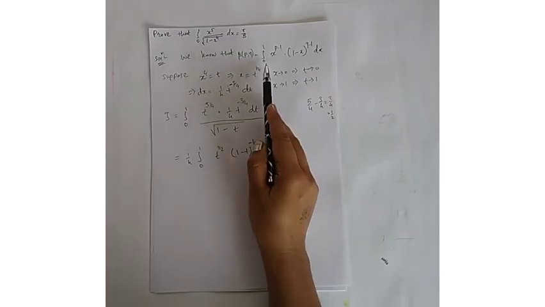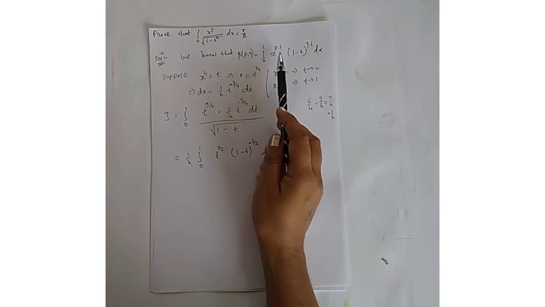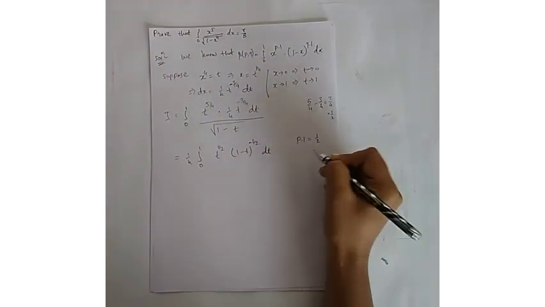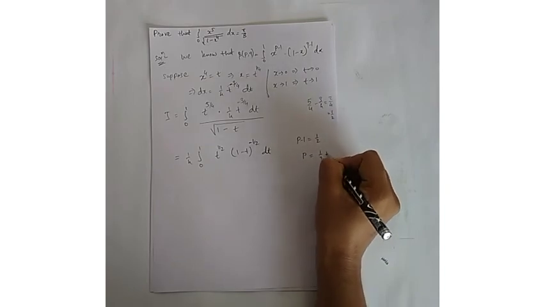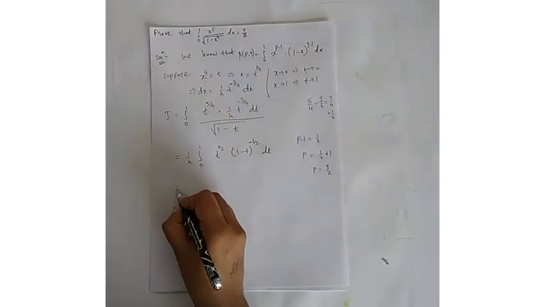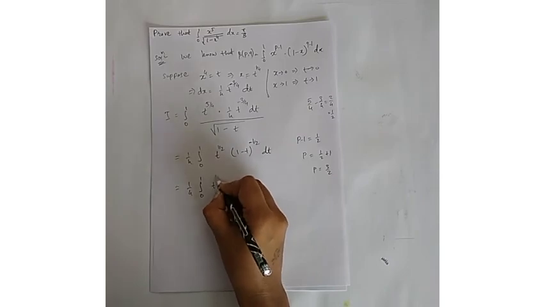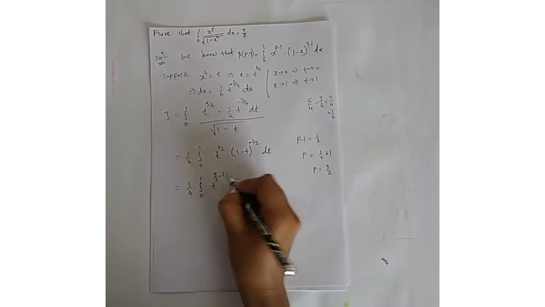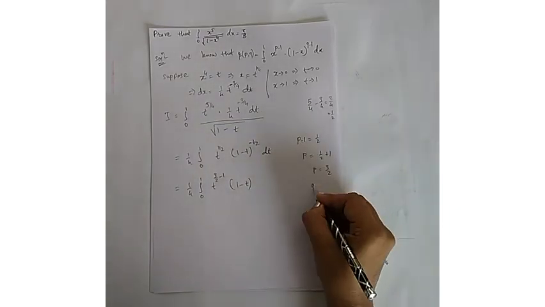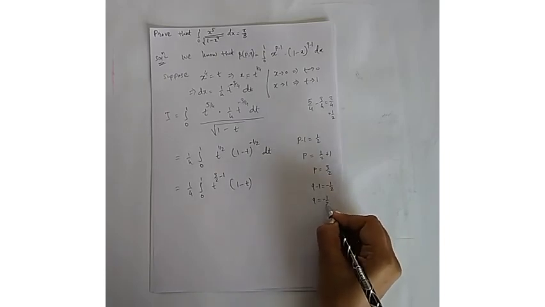Now use this relation here. So we want to find this value, means p. So p minus 1 is equal to 1 by 2. So p is equal to 1 by 2 plus 1. So p is equal to 3 by 2. So I is equal to 1 by 4 integration with limit 0 to 1 t to the power 3 by 2 minus 1 and 1 minus t to the power, here q minus 1 is equal to minus 1 half and q is equal to minus 1 half plus 1.